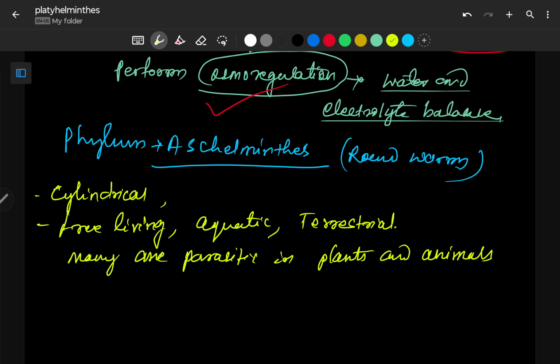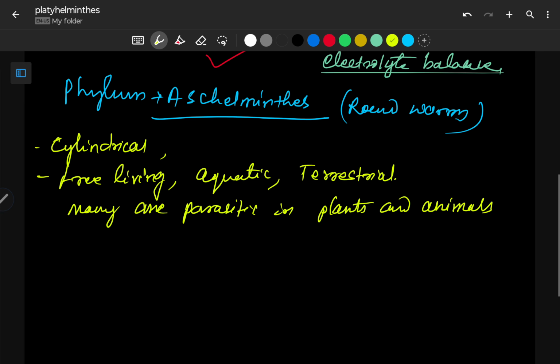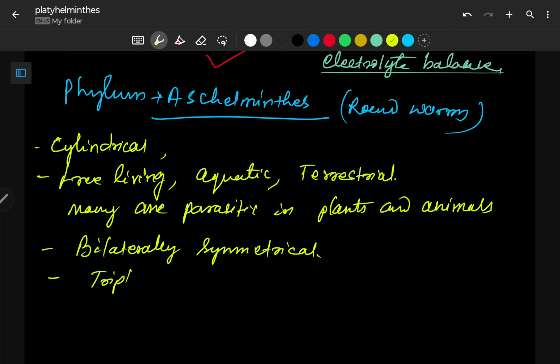Okay, so now come to the symmetry. The body is bilaterally symmetrical, meaning the body can be divided into two equal halves in one vertical plane only. Body wall consists of three layers, so it is triploblastic.